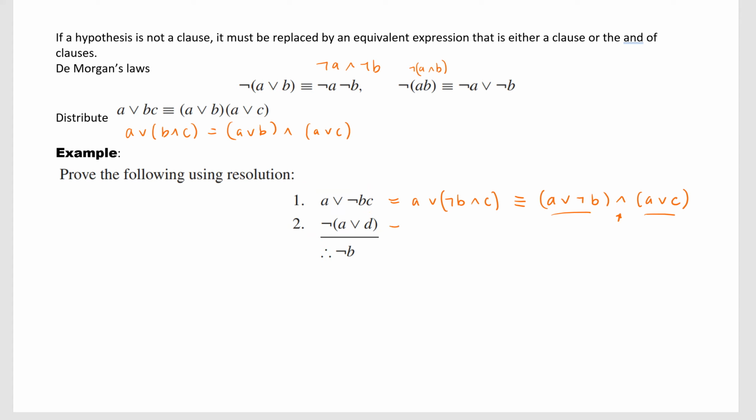Same thing here. This is equivalent to not A, and then the or becomes and, not D. You see those two clauses are separated by the and, so you can put them in different lines. So we can rewrite the problem.